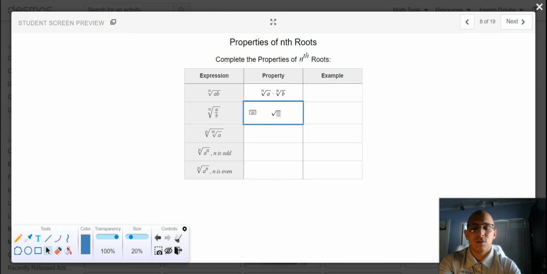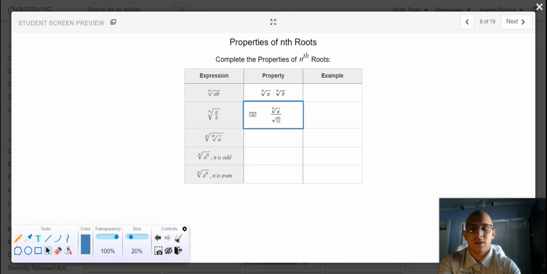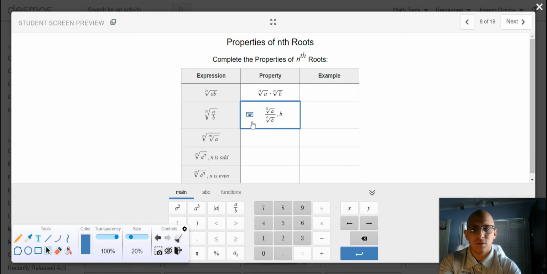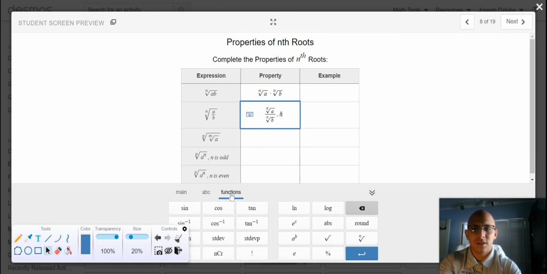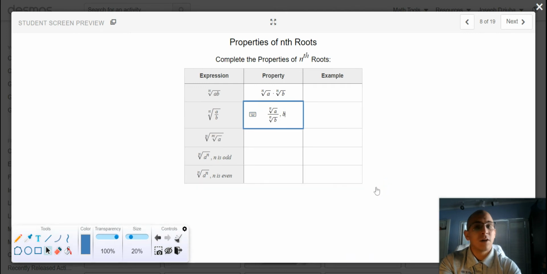And the same would hold true in the event of division, assuming that b does not equal 0, right?